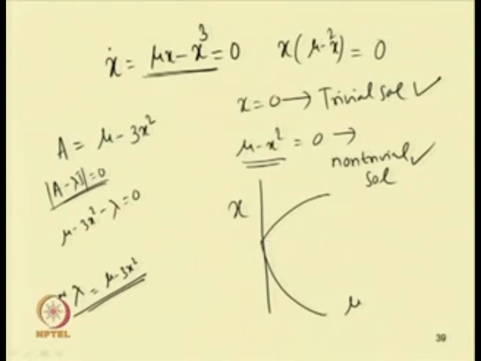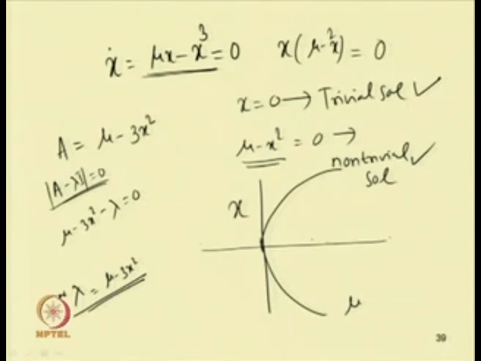So, we can have a 0 line, and we can have this other line also. In these cases we can plot this line, the trivial and non-trivial state. This is the trivial state x equal to 0, and this curve becomes x equal to non-zero.